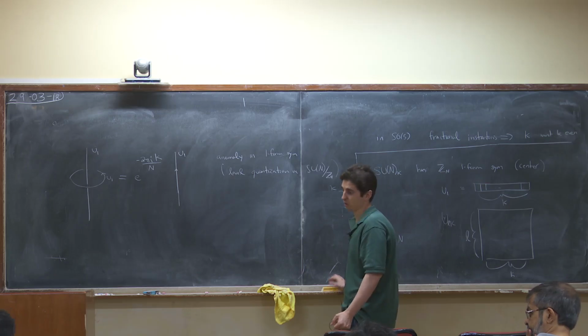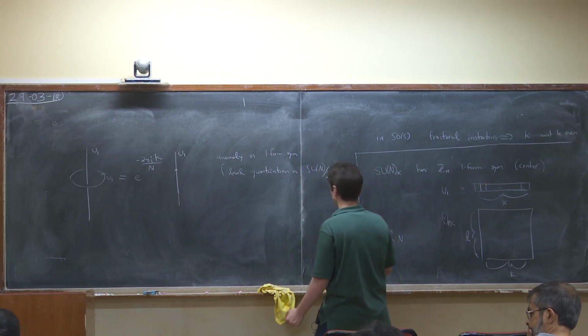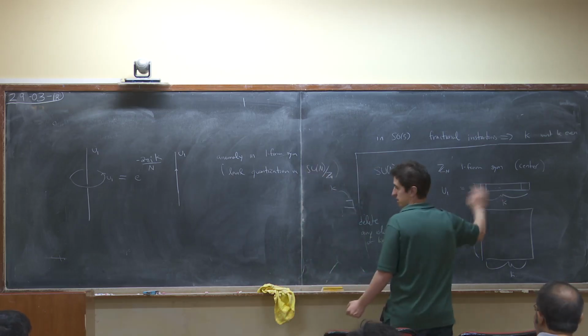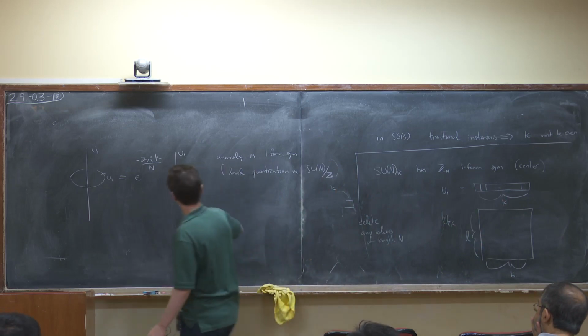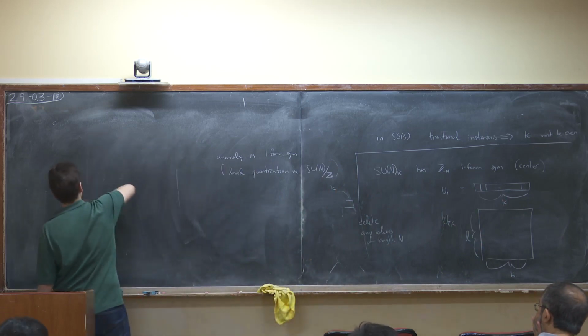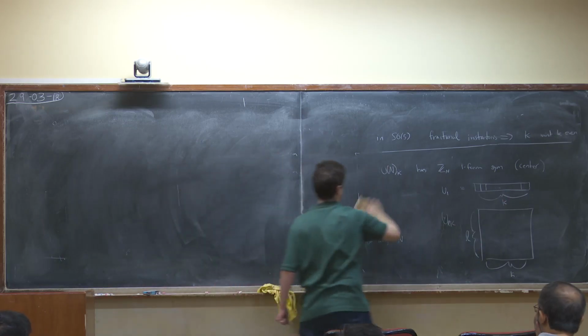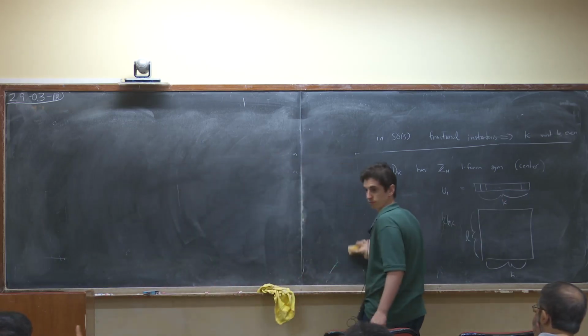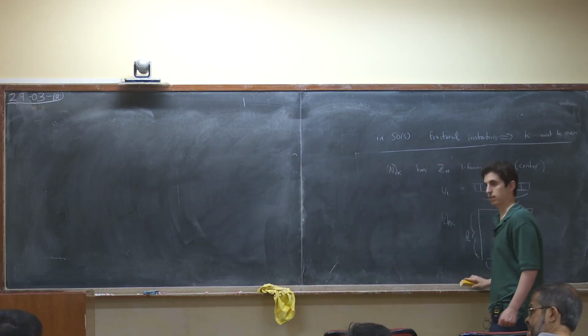The N-ality measures the center. That's why this was K over N, because this is K boxes here. So it behaves exactly the same way with Wilson lines, but the four-dimensional Z_N. Yes.